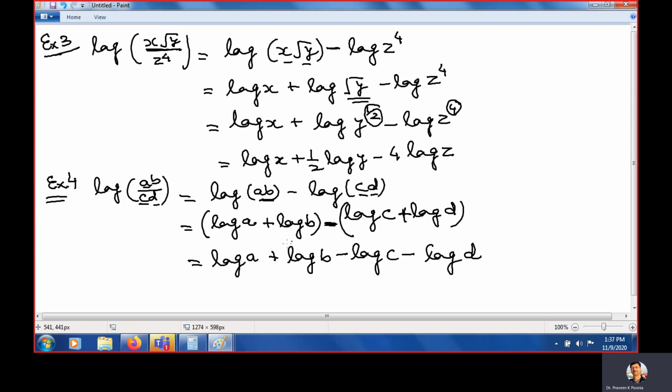What students generally do, they write log C negative. This they write correctly. But here they write plus, that is wrong. So you need to remember for the denominator, if two functions are written, there will be two negatives here. Clear? If three functions are there, three negatives will be written here. Okay? This is one thing.